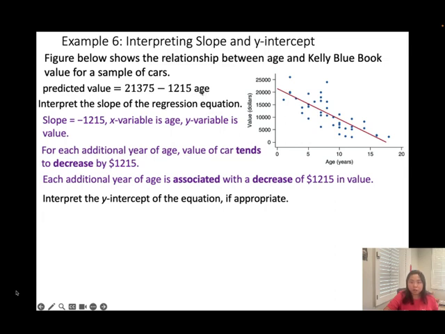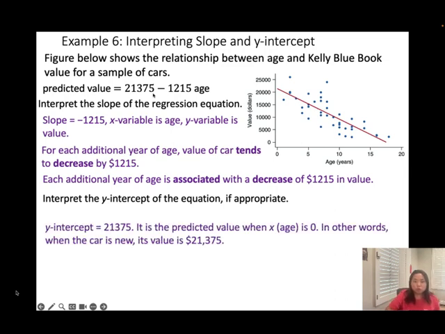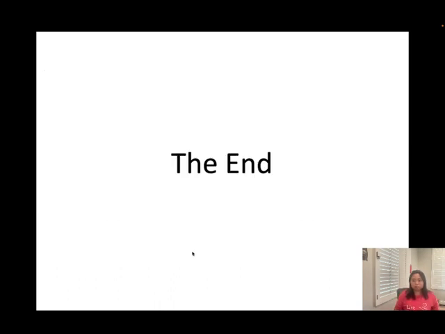So when the car is new, the value of the car will be selling at $21,375. So in this example, the y-intercept is meaningful. Okay, that's it.